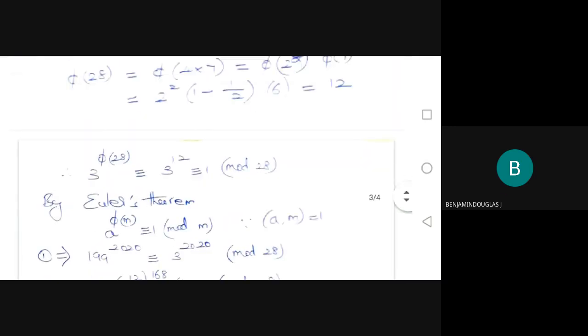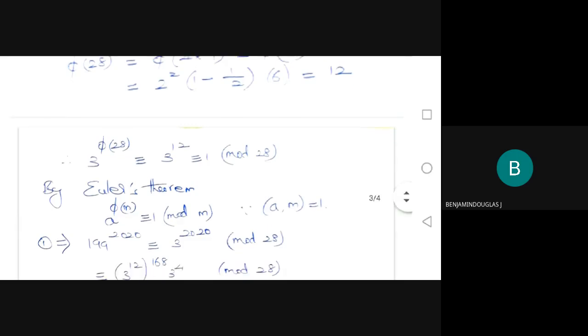Now 2020 will be divided by 12. You get the quotient 168 and remainder 4. So 2020 can be written as 12 times 168 plus 4.